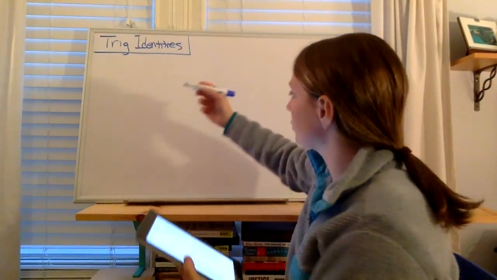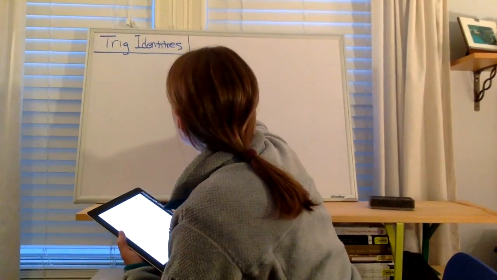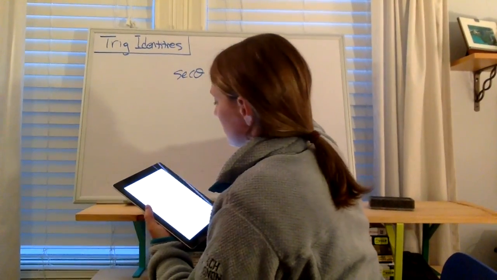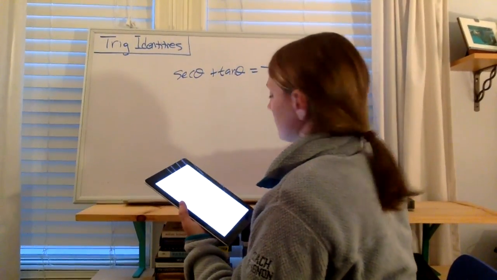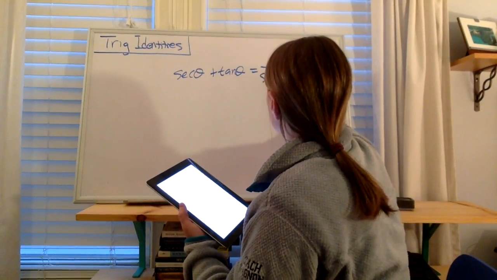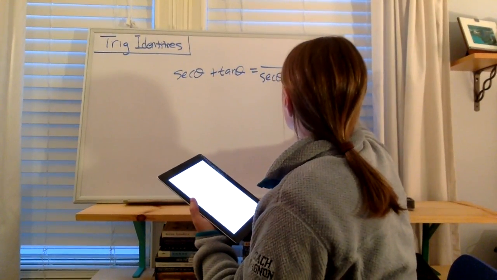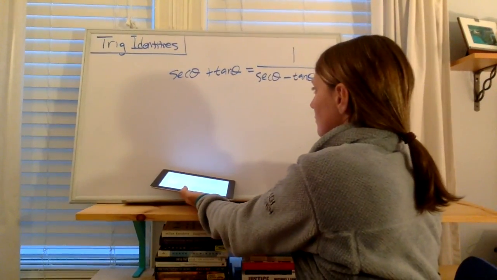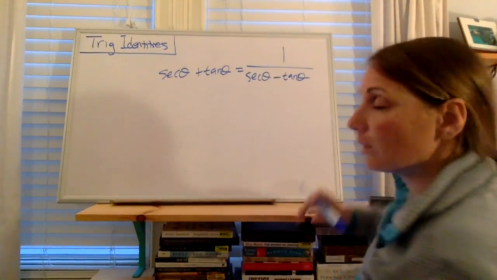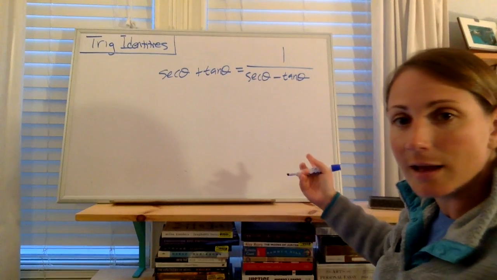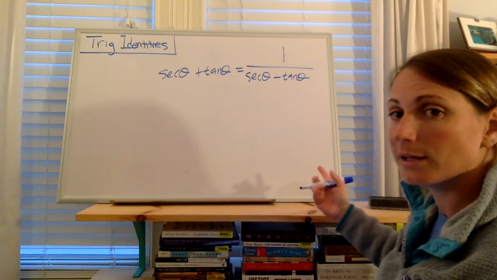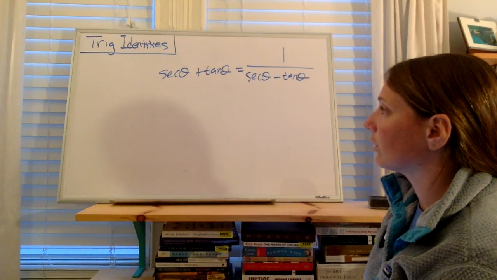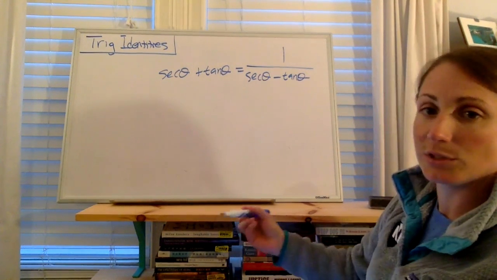Okay, here's the fourth one I'll show you. Okay, again, that's not an obvious identity, and just looking at it, it's not very clear what you might do because you have options.